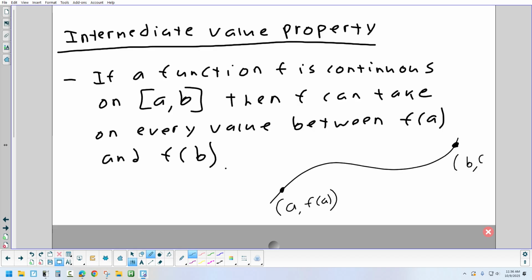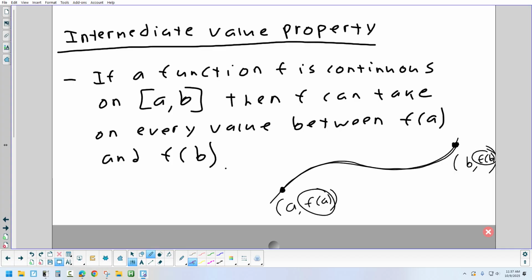And then I'd have a formula I could plug B into and find that y value. So I have 2 points that are on a continuous section from A to B. What that means is as I travel from here over to here, I will hit every possible y value between this one and that one.